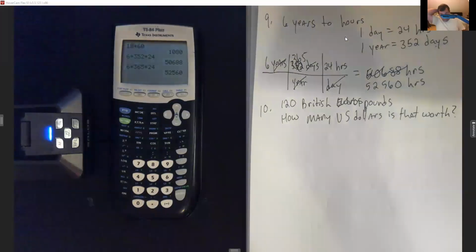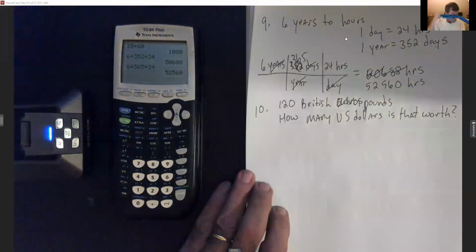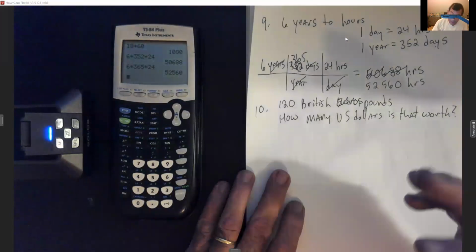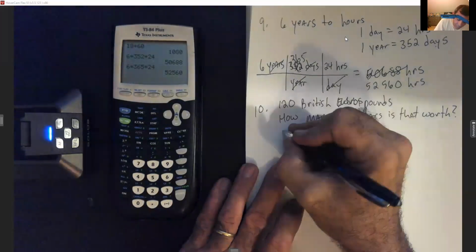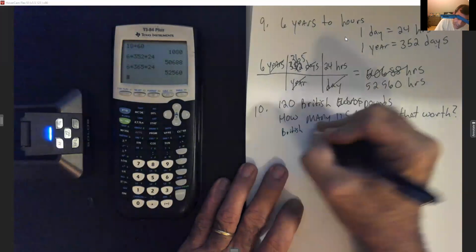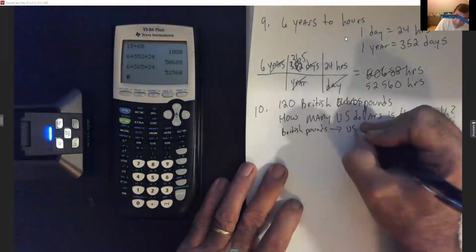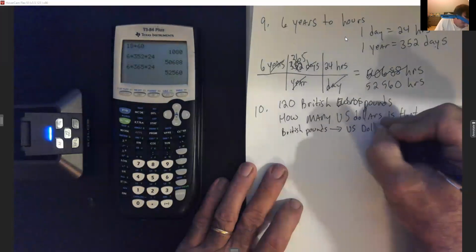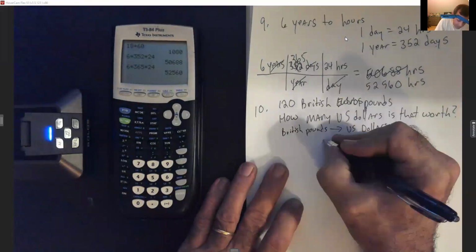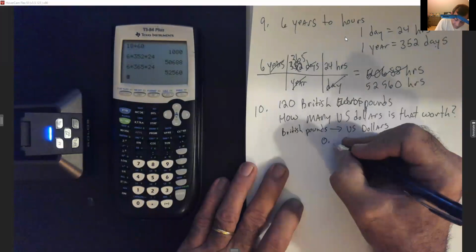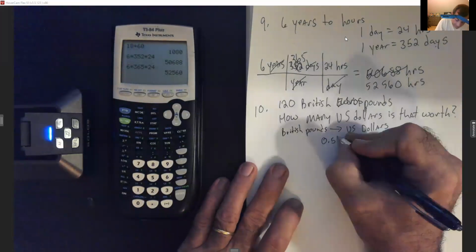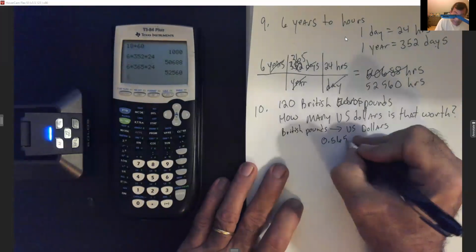So we want to be able to convert pounds to US dollars, and they got a conversion for British pounds to US dollars. And that conversion is 0.5656.